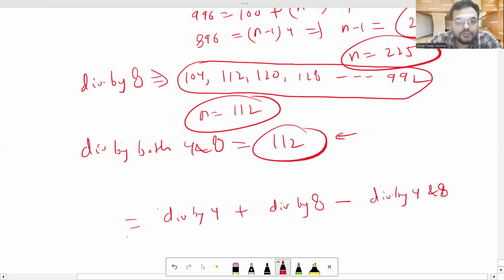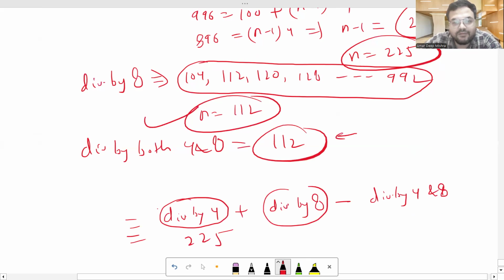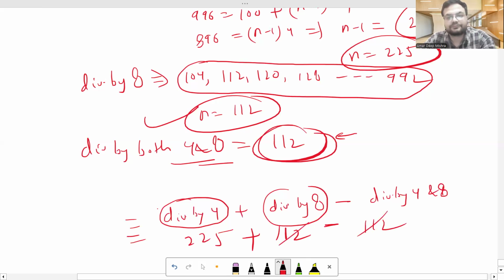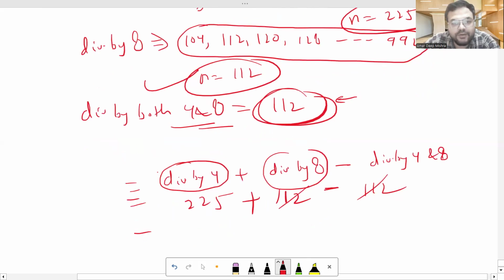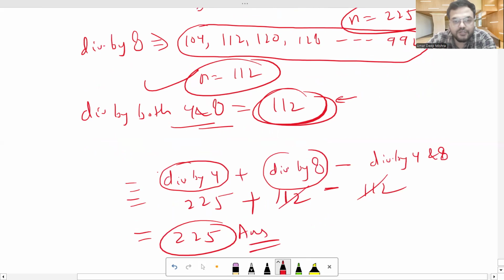So divisible by 4, how many numbers are there? 225. Divisible by 8, they were 112. And minus divisible by 4 and 8 both, again they were 112. So you can see this will cancel and you will get 225 as your answer. Okay, I hope this question is clear to you.